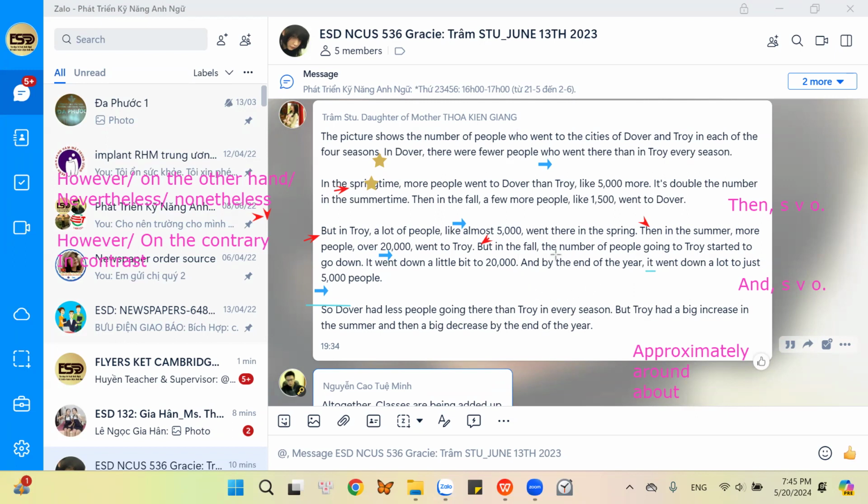If you forget the synonyms of the number of, you can search on Google by using a thesaurus dictionary or synonym dictionary. You can ask it to give you the synonyms for the number of something, the quantity of something. All right. By the end of the year, the quantity of travelers.